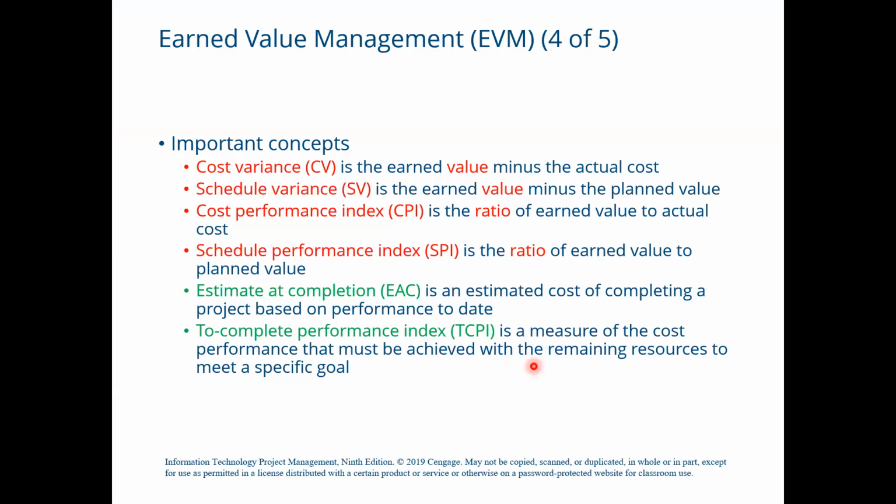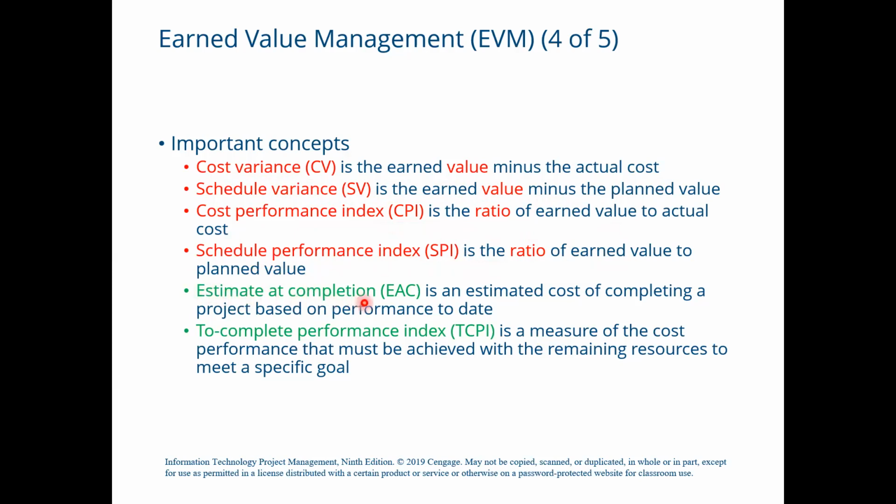So here is the summary of all this discussion, the important concepts. Cost variance or CV is the earned value minus the actual cost. Schedule variance SV is the earned value minus the planned value. Cost performance index CPI is the ratio of earned value to actual cost. Then we have schedule performance index, SPI, which is the ratio of earned value to planned value.